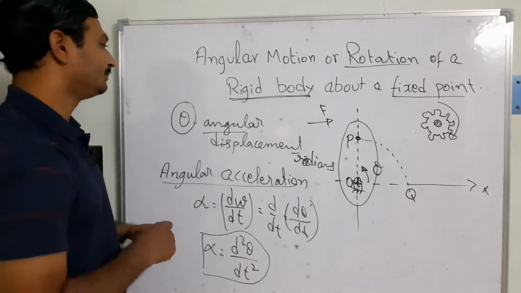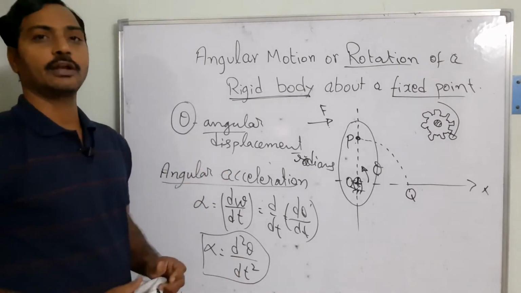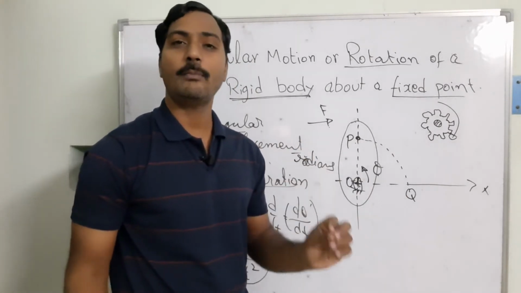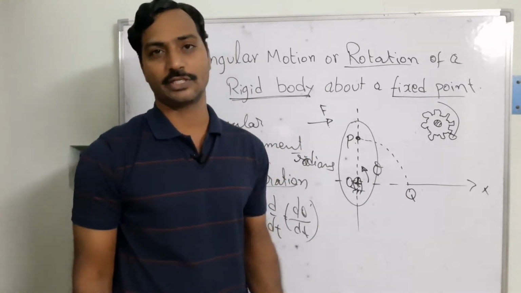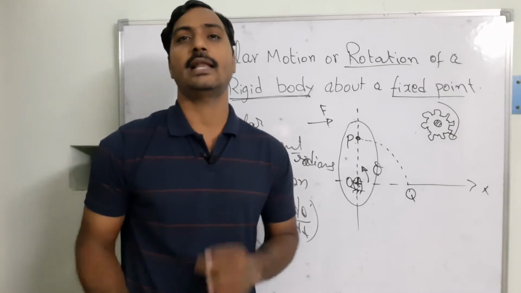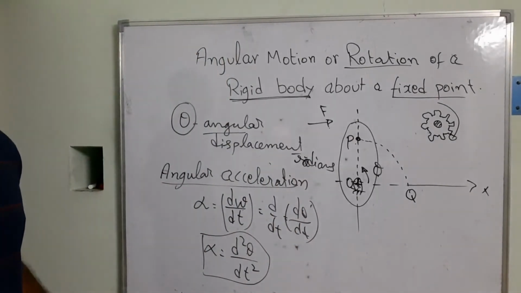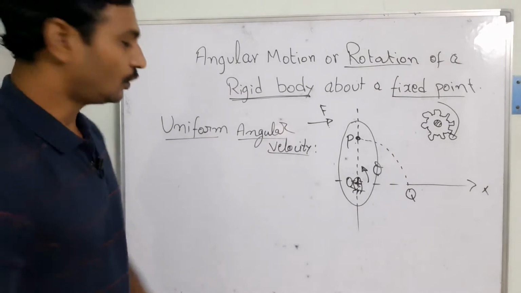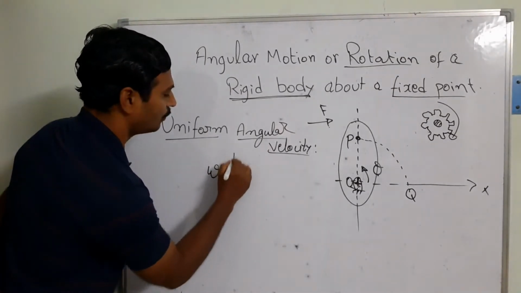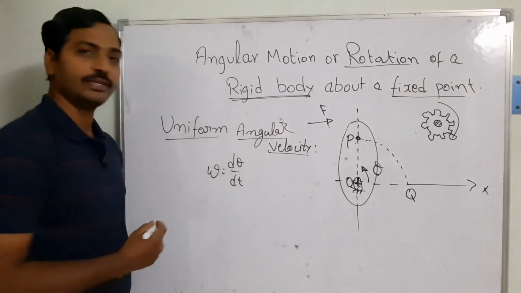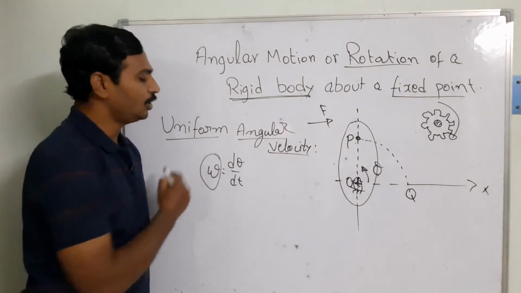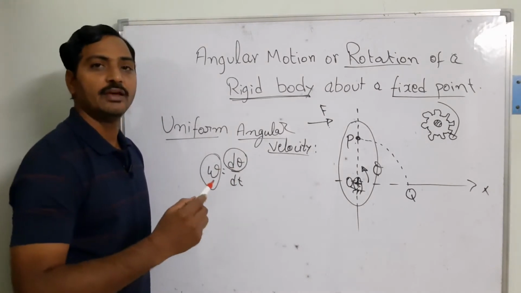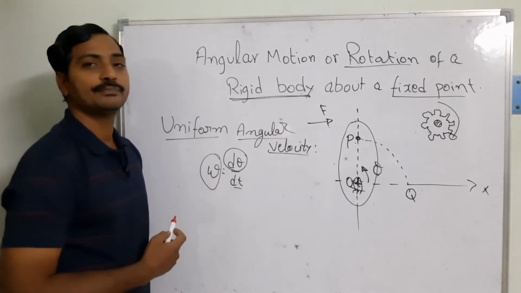Once we have calculated the angular velocity and angular acceleration, now we can see when this object rotates with uniform angular velocity and uniform angular acceleration, what the behavior of the system is. The next condition is uniform angular velocity. Angular velocity omega is equal to d theta by dt. In this case omega is uniform, meaning the rigid body covers uniform distance in equal intervals of time.